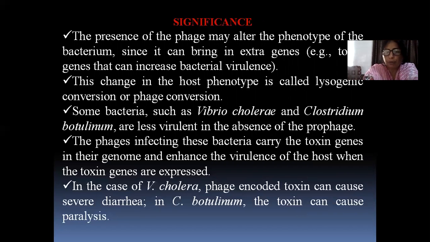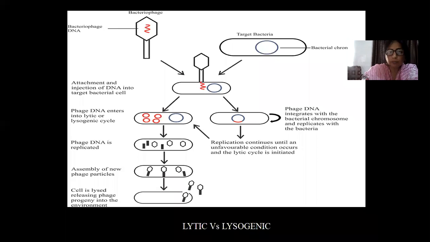In the case of Vibrio cholerae, phage-encoded toxins can cause severe diarrhea. In the case of Clostridium botulinum, the toxin can cause paralysis also. Now we will compare the lytic cycle with the lysogenic cycle.